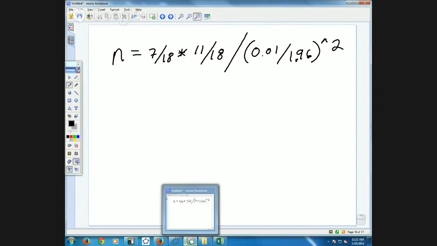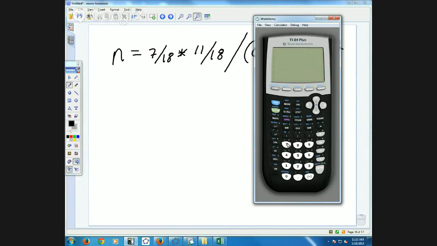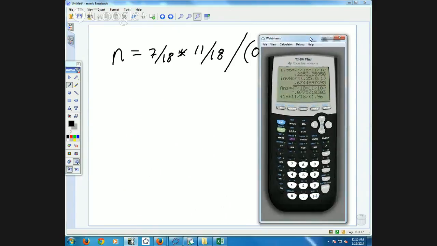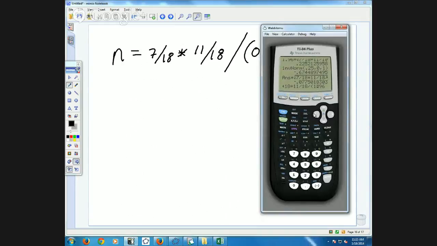There's a different way to write this formula, which we'll look at later. Let's get a calculation. So 7/18 times 11/18, that's the easy part, divided by parentheses, because the denominator is complicated, 0.01 divided by 1.96, close the denominator parentheses, and then square it.